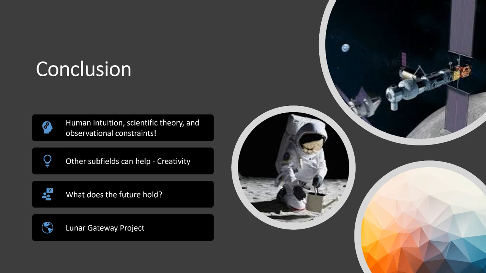What were the contributors to the animal test subjects, the finding of microorganisms, especially in space, and utilizing microorganisms' abilities or animal abilities? Space would be the utilization of plants in space, as well as all has to come down to human intuition, the scientific theory, and observational constraints.